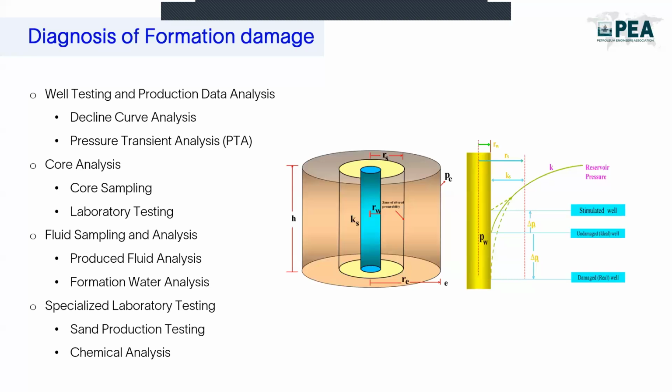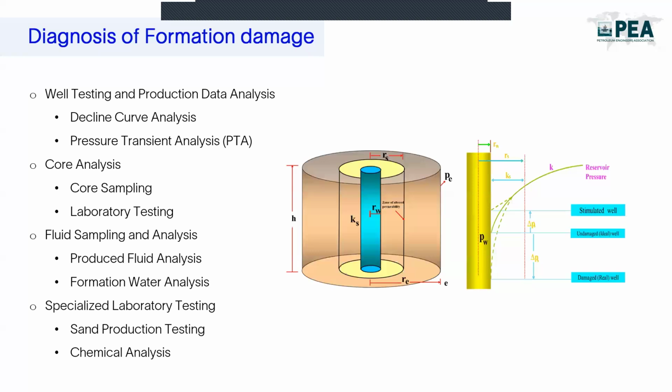Of course, diagnosing formation damage requires a comprehensive approach that combines multiple diagnostic tools and techniques, by analyzing well performance data, core samples, logging results, fluid compositions, and downhole monitoring.